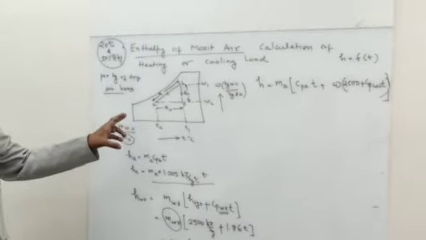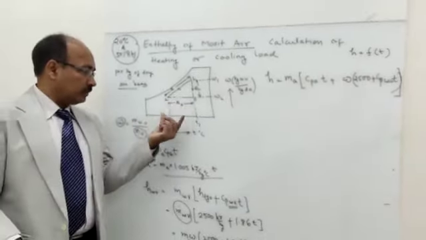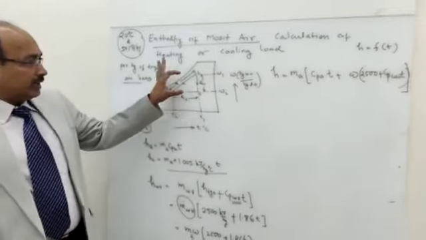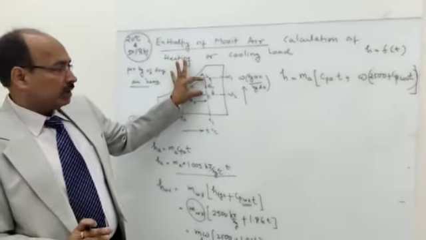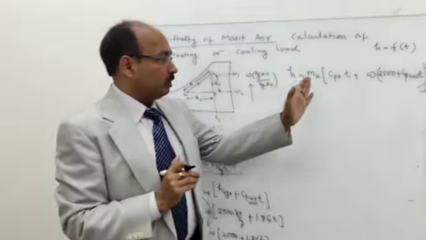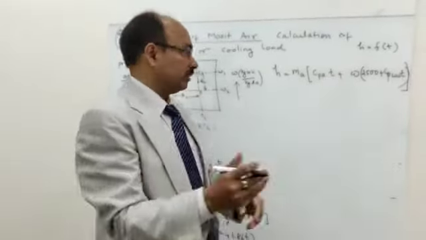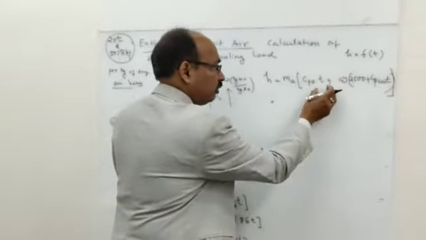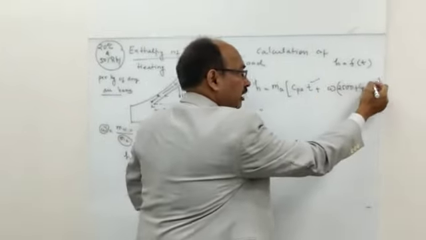Now by definition we know the sensible heat involves temperature change only, and latent heat involves change in the humidity content. So what we do is we separate the terms. We separate the sensible heat part where temperature change is involved.